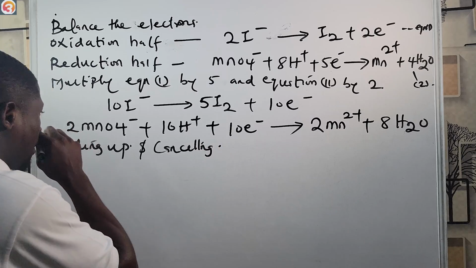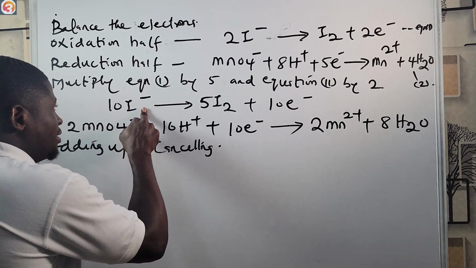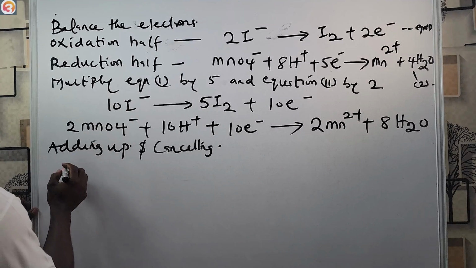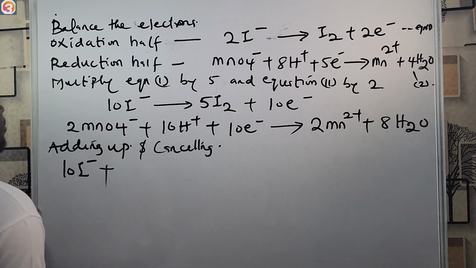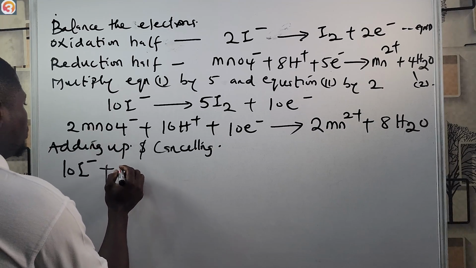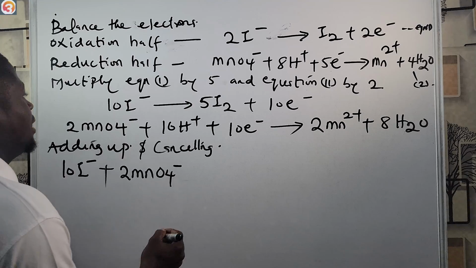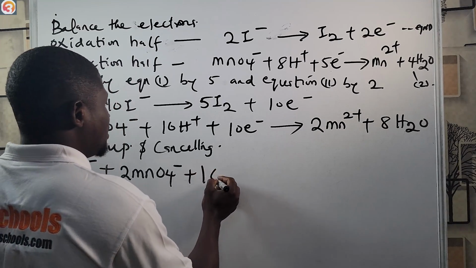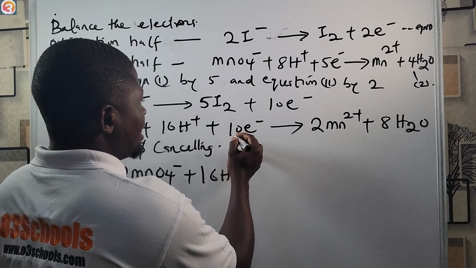all right. So now we're going to see here that on this reactant side, I'm going to have 10I minus, then plus 2MnO4 minus, right? Then plus 16 hydrogen ion. Okay. Then this 10 will cancel.